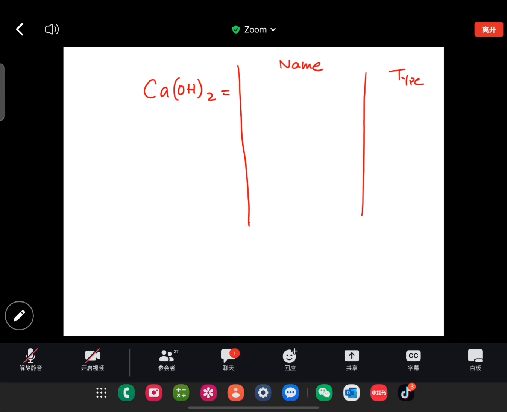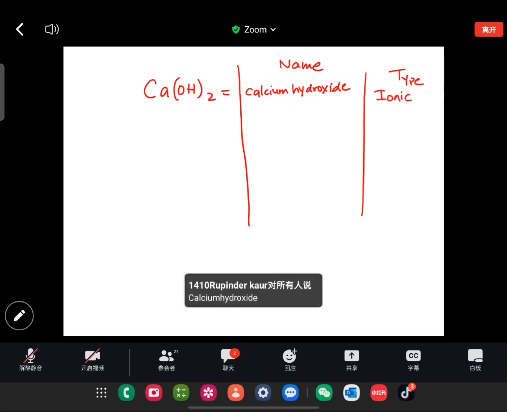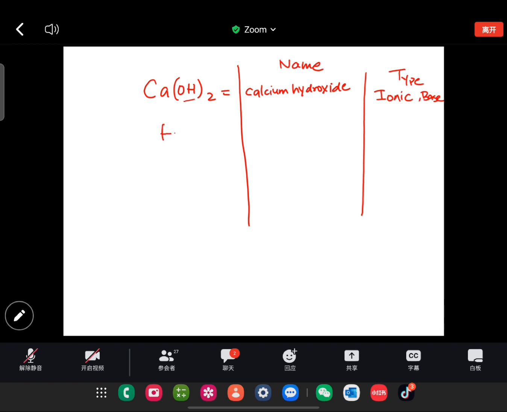Calcium hydroxide. Yes, very nice. Is it ionic or covalent or acid, base? What do you think? It is ionic. You can also say that it's a base because it has OH, right? Okay, let's try the next one.